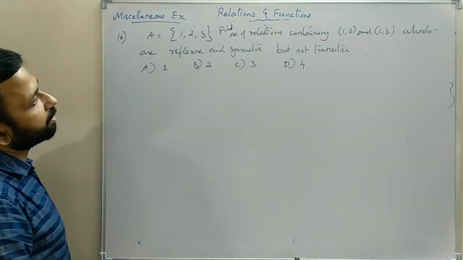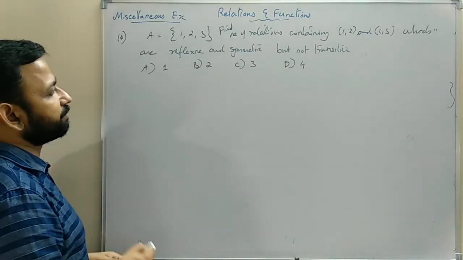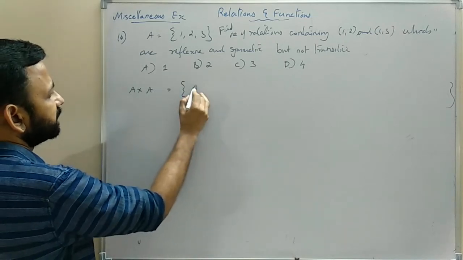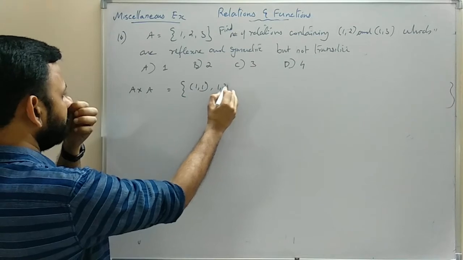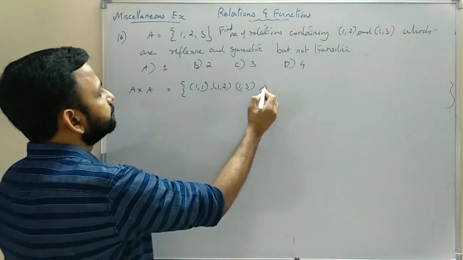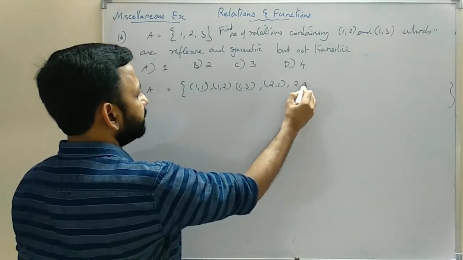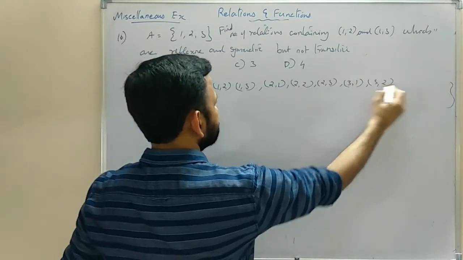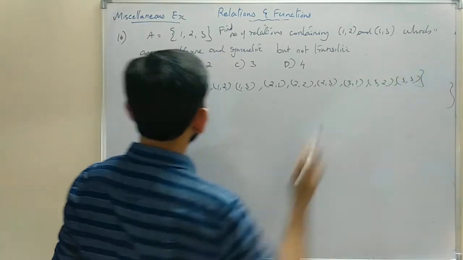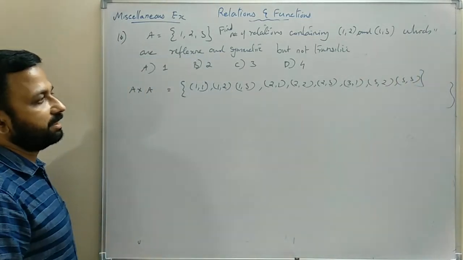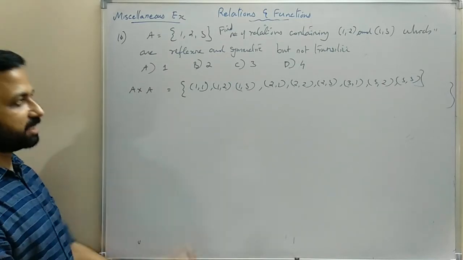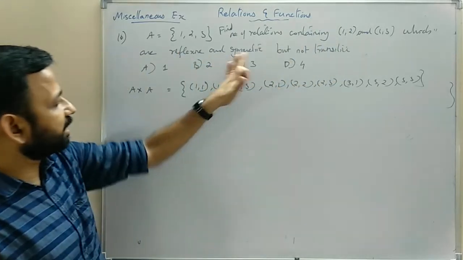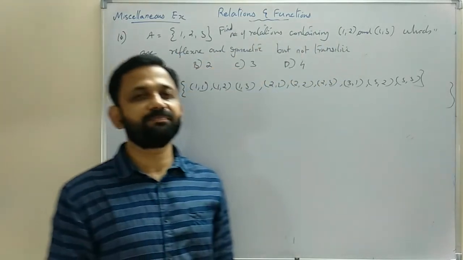A relation is a subset of A cross A. So first we can write A cross A: ordered pairs (1, 1), (1, 2), (1, 3), then (2, 1), (2, 2), (2, 3), then (3, 1), (3, 2), (3, 3). And here we need to find the number of relations which contain (1, 2), (1, 3), and that relation is reflexive, symmetric but not transitive.